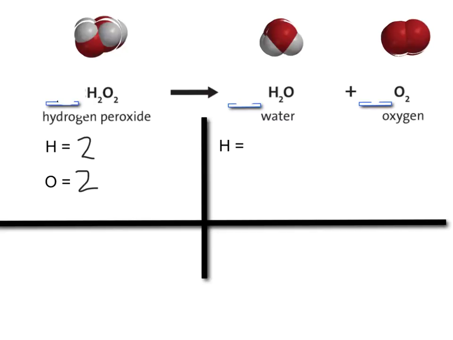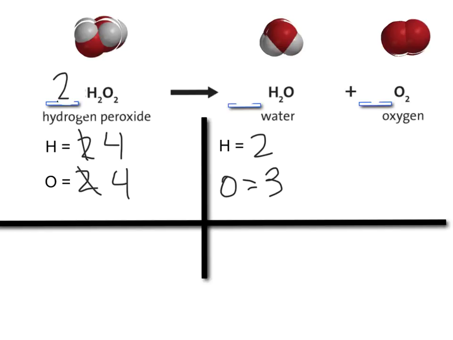Like I said, on this side we have 2 hydrogen and 3 oxygen because it's in total. So we want to balance these out. We're going to go to the side with the smaller number and multiply. So if we do 2 of these, 2 H2O2 molecules, then we'll have 4 and 4.